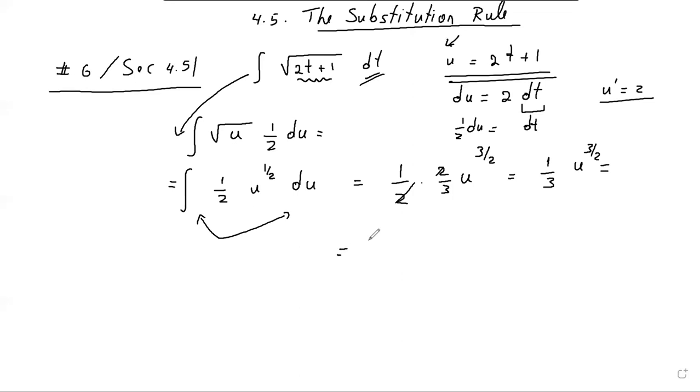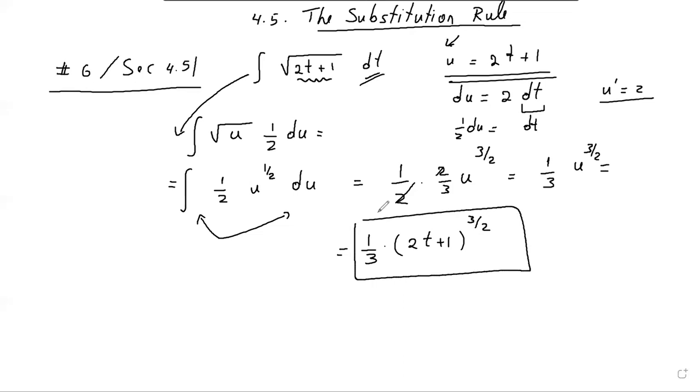So this is going to be 1/3 times u, which is 2t plus 1, to the 3/2. All right, folks. So that is the antiderivative. If you want to be fancy, you can put a c at the end here. It doesn't have to be. So this is the answer to this particular problem.